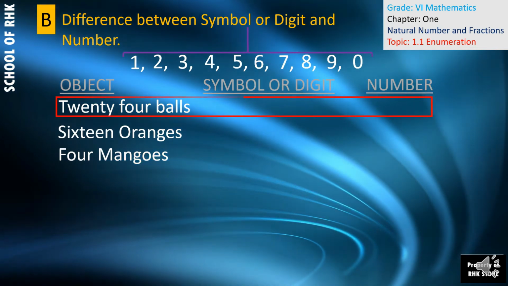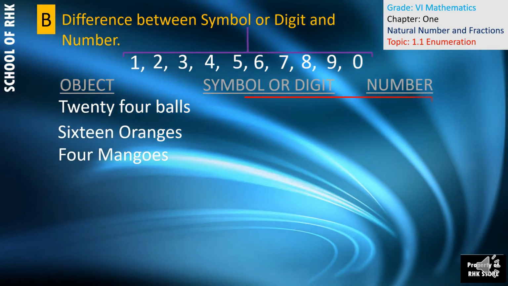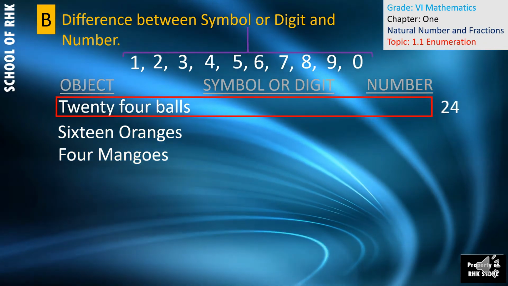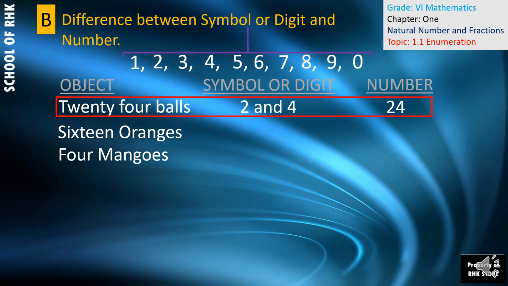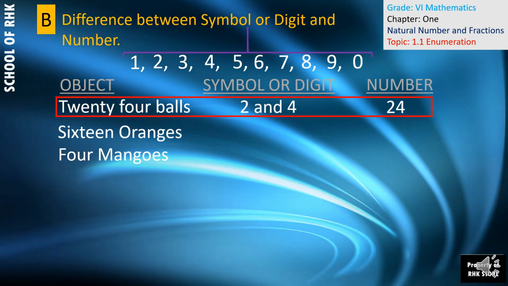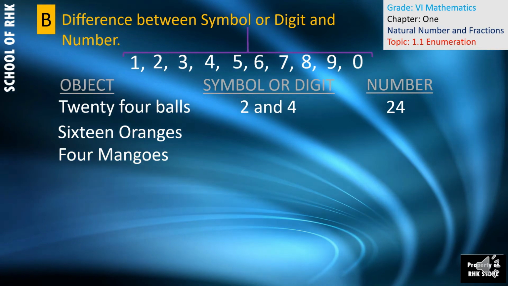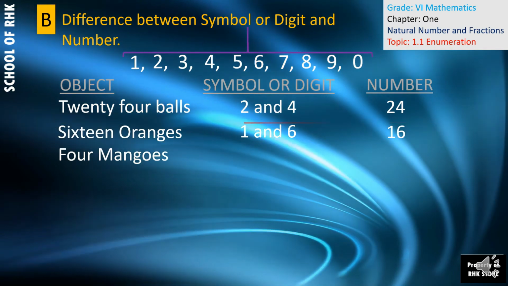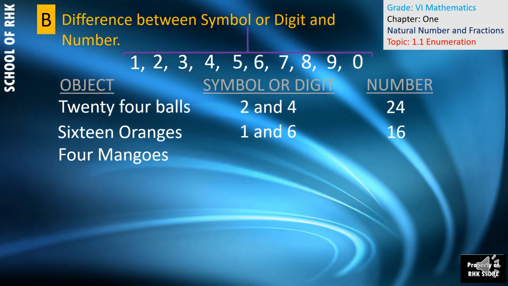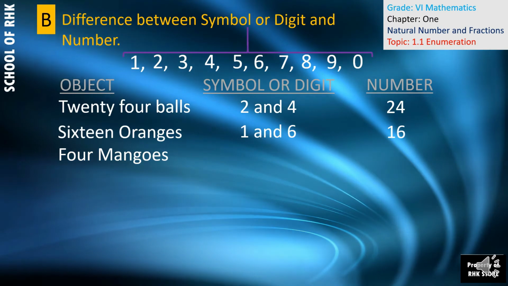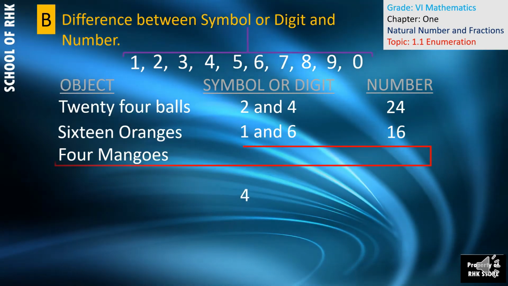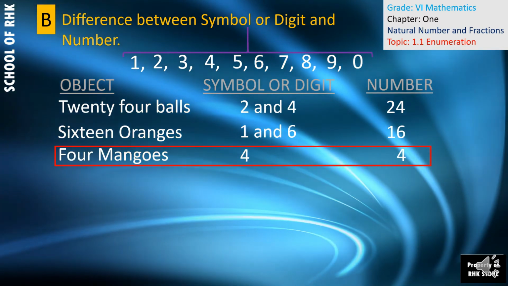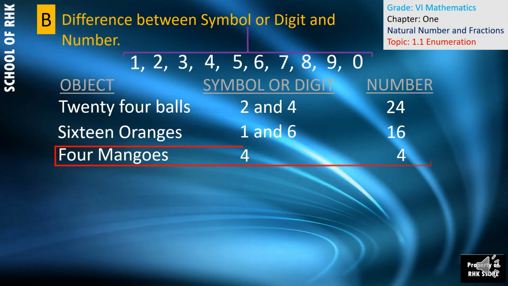If we express 24 balls in numeric value, we can write 24 using 2 and 4 symbols. We can write 16 oranges using 1 and 6 symbols. And using 4 symbols, we can express 4 for the numeric value of 4 mangoes.